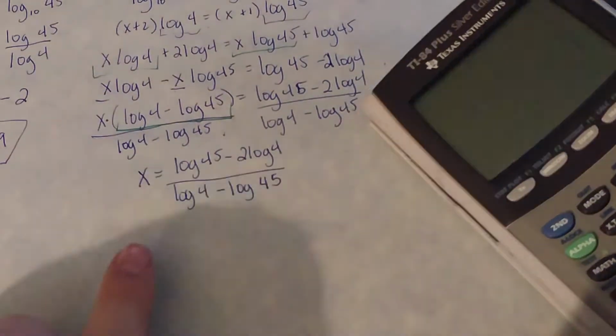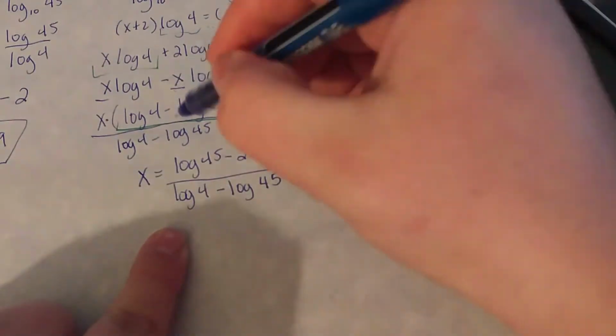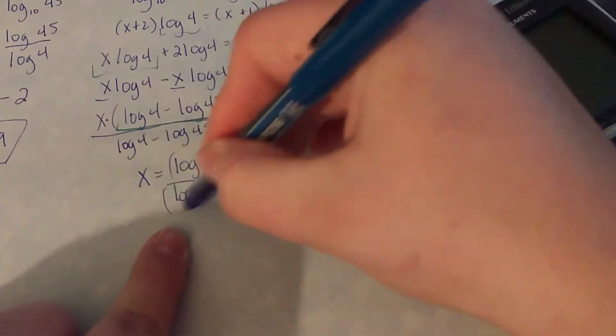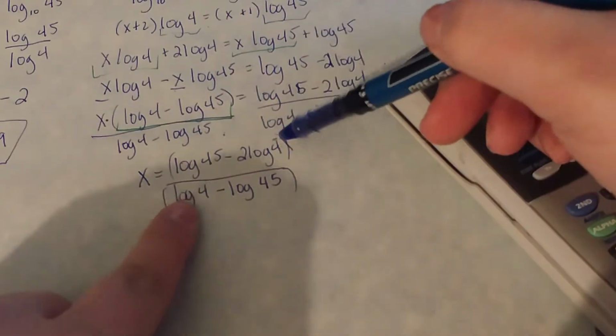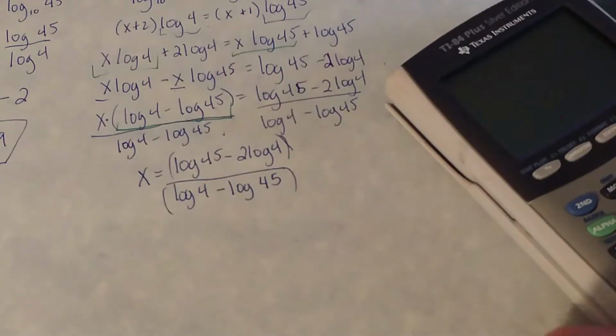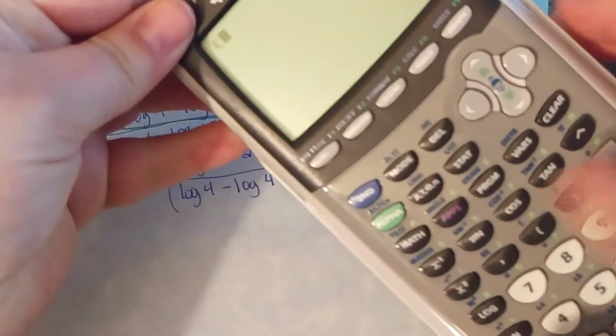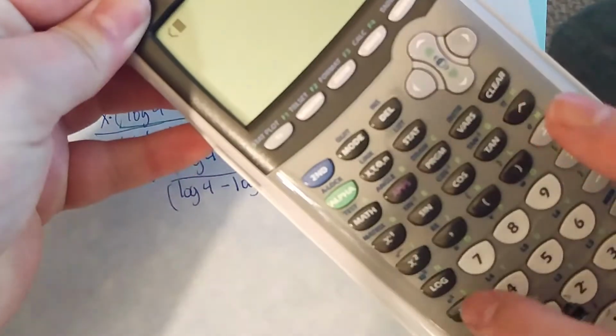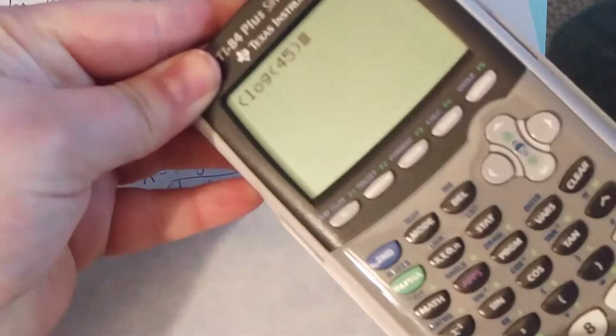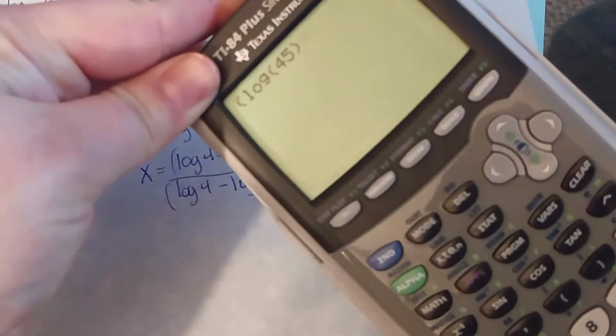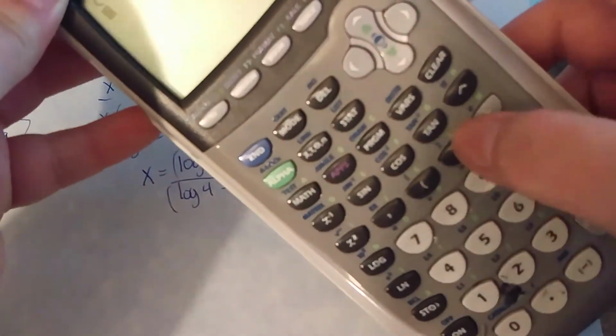Okay, so typing this all in, I do need to use parentheses around both the numerator and the denominator. Otherwise, the calculator will try to divide before it adds and subtracts. So I'm going to do parentheses log 45. Hopefully you can see that. I'm having trouble seeing. Log 4.